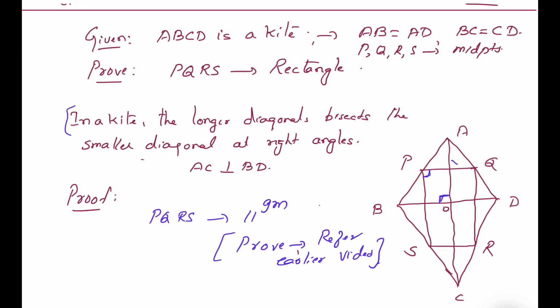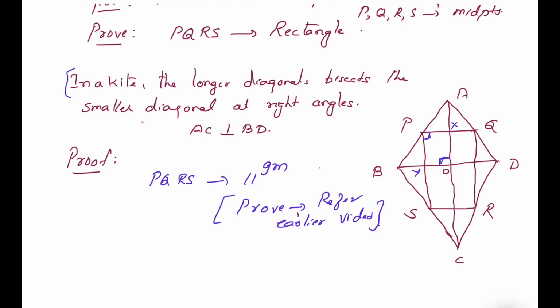To prove that, this also we have done in one of the earlier questions, you have to prove PXOY is a parallelogram. So, to prove that, consider the triangle ABC. PS is parallel to AC. The reason is P and S are midpoints, midpoint theorem.